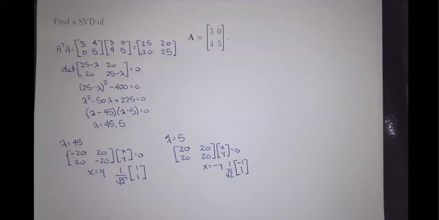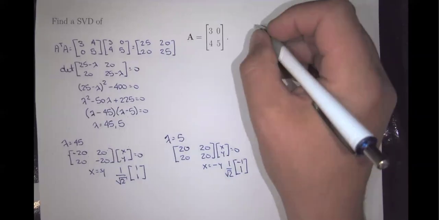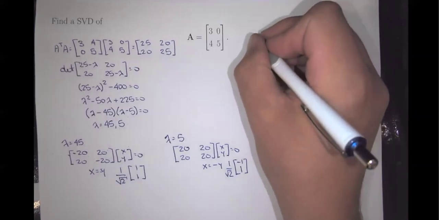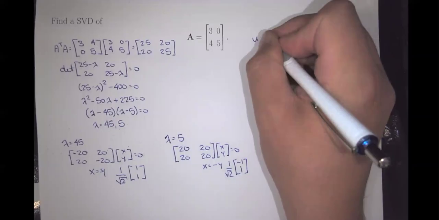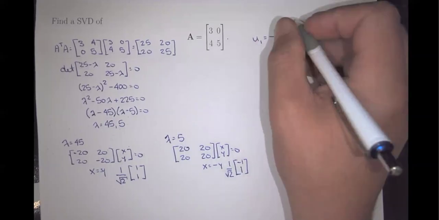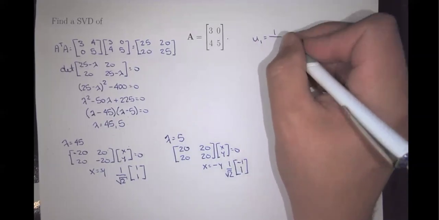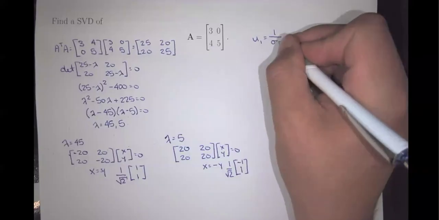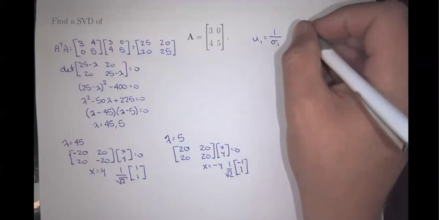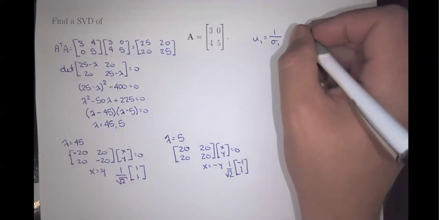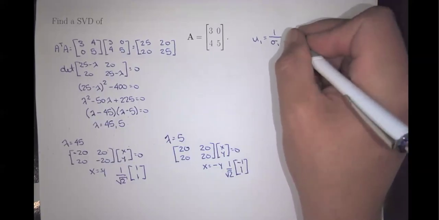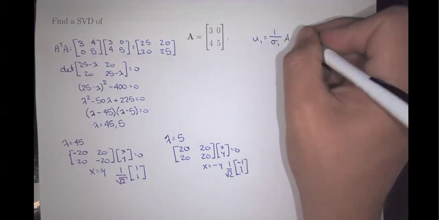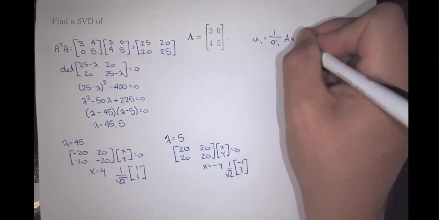Now we need to worry about the left singular vectors. Our left singular vectors come from taking 1 over the root of the first eigenvalue, which we're going to call sigma 1, times A times V1 in this case.